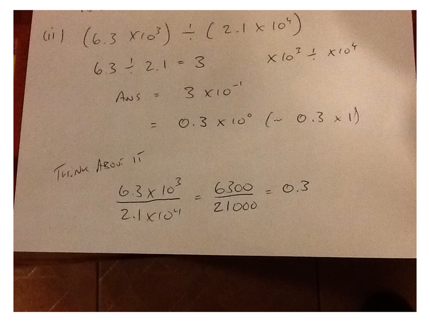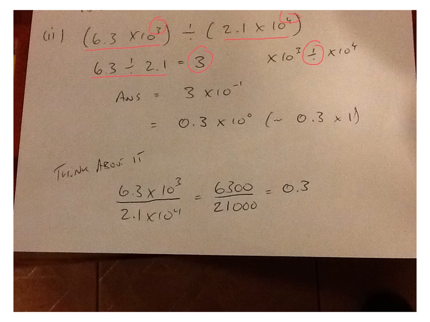Similarly, let's look at a division one where we have 6.3 by 10 to the 3 divided by 2.1 by 10 to the 4. Notice these are not the same, doesn't matter. We divide 6.3 by 2.1, the two coefficients, and that gives us 3. And then we've 10 to the 3 divided by 10 to the 4.